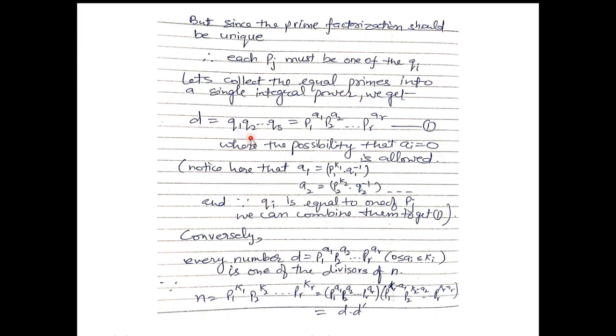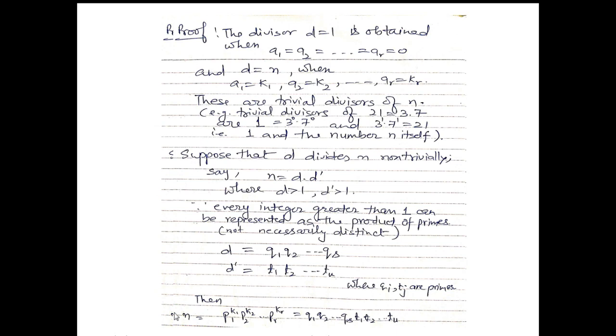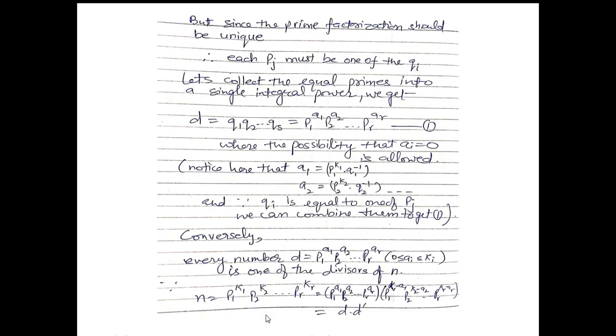So d is equal to q1 into q2 into qs is equal to p1 to the power a1, p2 to the power a2, pr to the power ar, where the possibility that ai equal to 0 is allowed. So here we can note that ai is equal to p1 to the power k1 into q1 to the power minus 1, because we are saying that each qi is equal to some pj.